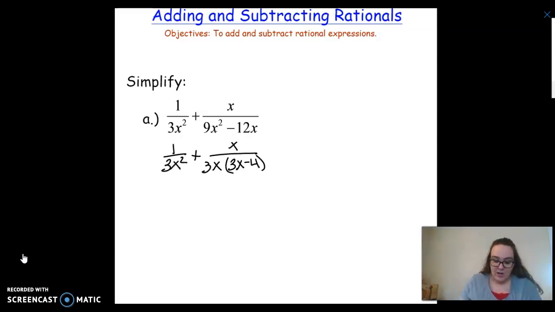So if you see here, this right here is the quantity 3x squared. Okay, this right here is 3x and then 3x minus 4. Well, what's the difference right here between this 3x squared and this 3x? Well, the difference is that 3x needs an extra x. So it makes no sense to get rid of those x's just to put x squared back in there.